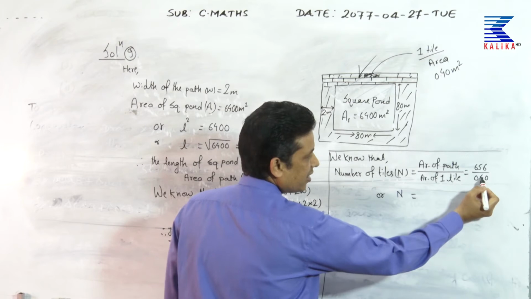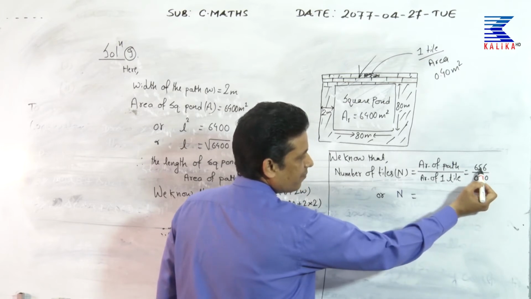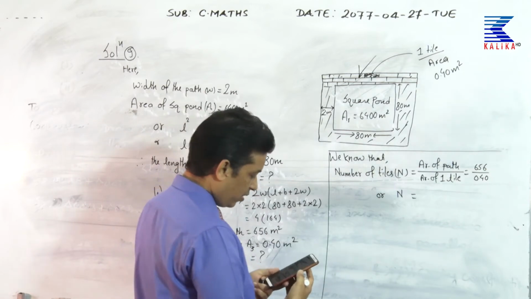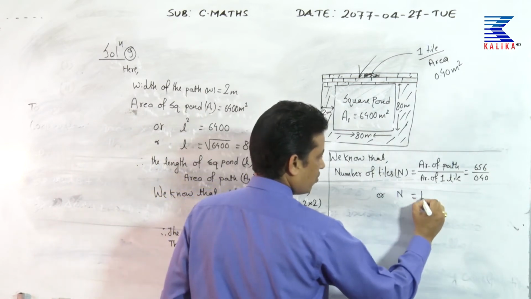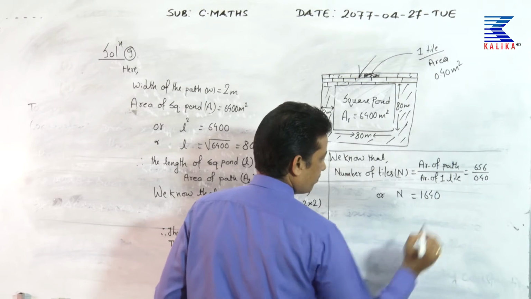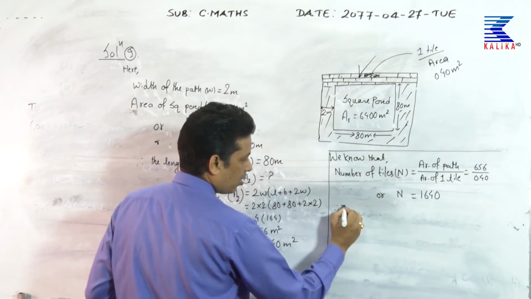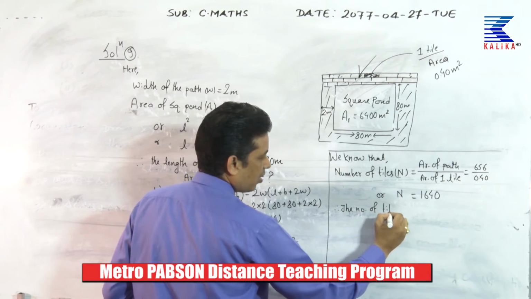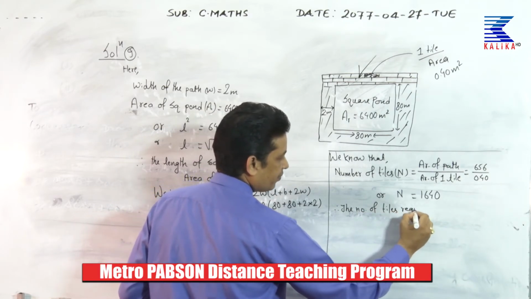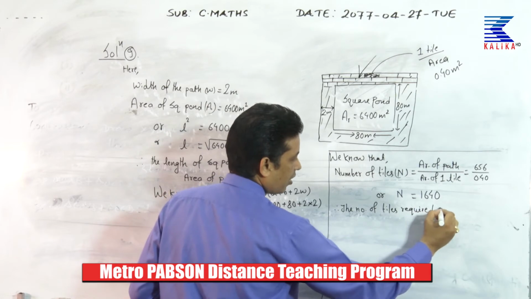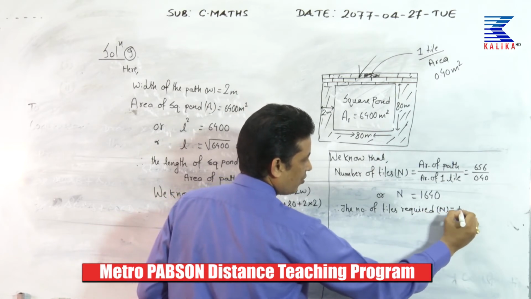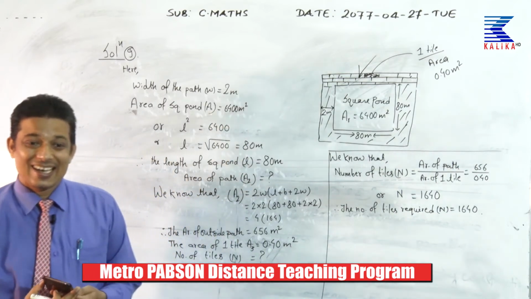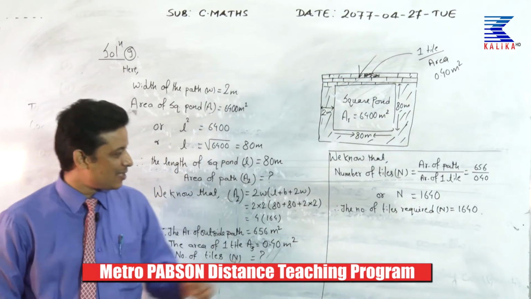So, dear student, 656 divided by 0.40 is 1640. Therefore, the number of tiles required, n, is equal to 1640. Okay. Now, once again this is B.